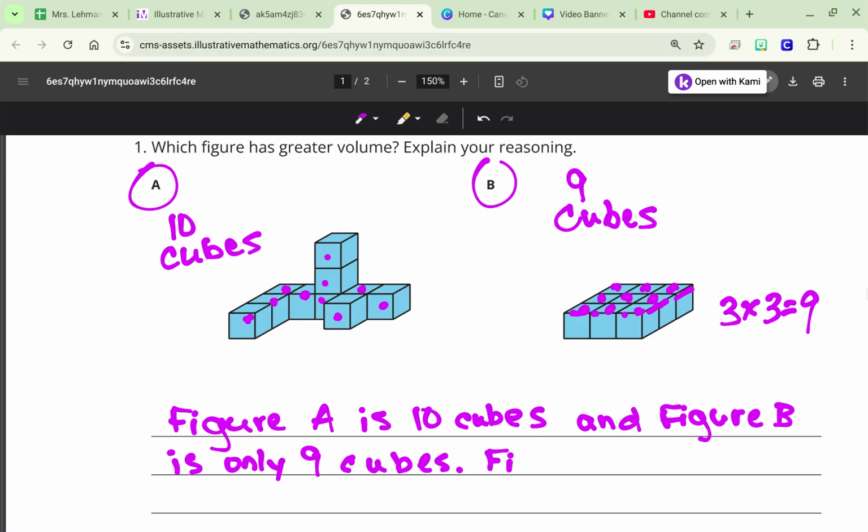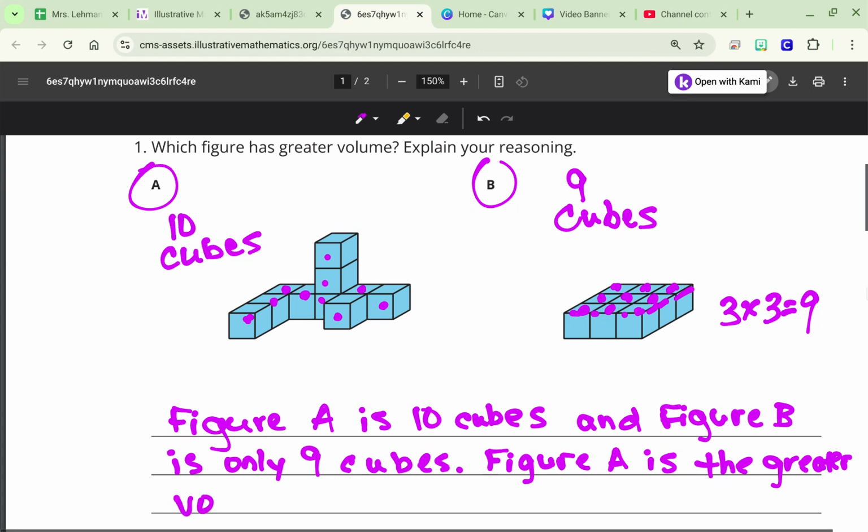Then let's make sure that we make it very clear that because of that, we know that figure A is the greater volume. And let's even go ahead and say that the reason is because figure A is the greater volume because it takes up more space.